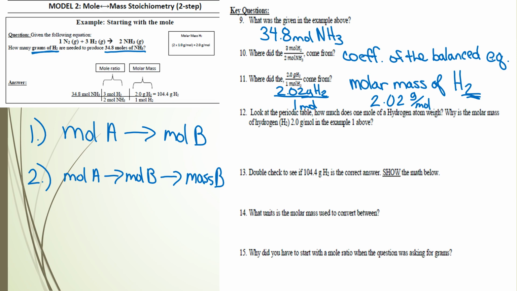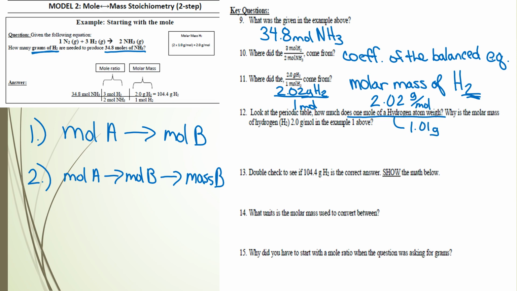So now, just to verify that, the next question is going to actually go through that. Look at the periodic table. How much does 1 mole of a hydrogen atom weigh? So 1 mole of a hydrogen atom is 1.01 grams.